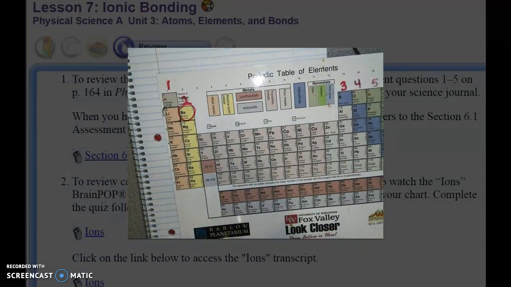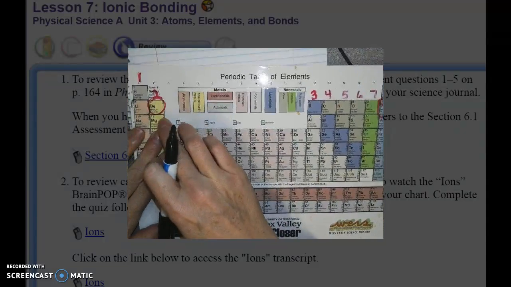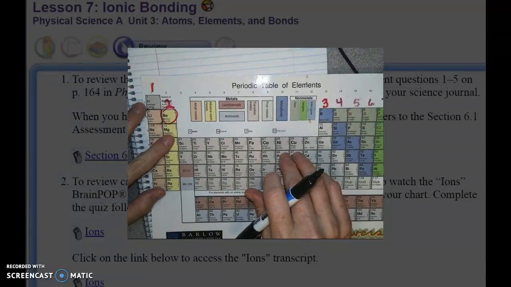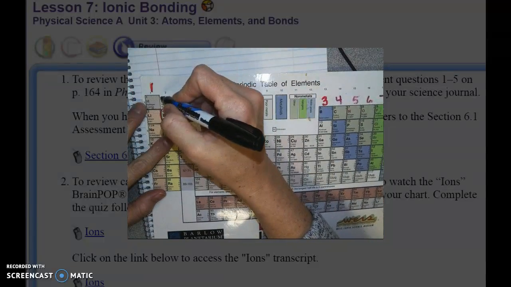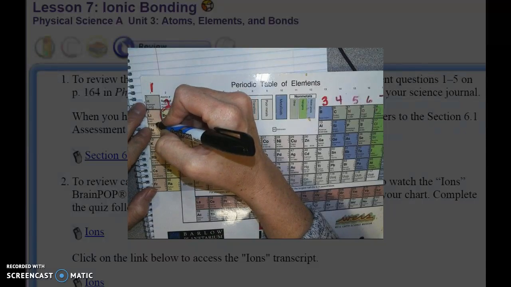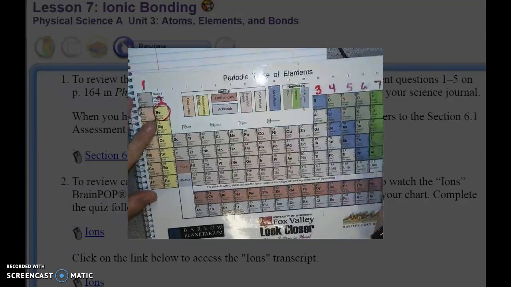All right, so last time we talked, I showed you that each column has a number, and that columns 1 and 2 tell us that everything in this column has 1 valence electron. Everything in this column has 2 valence electrons.